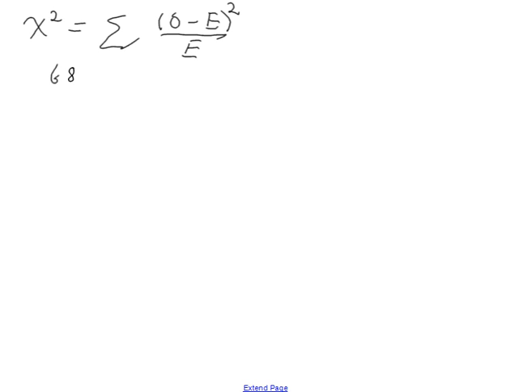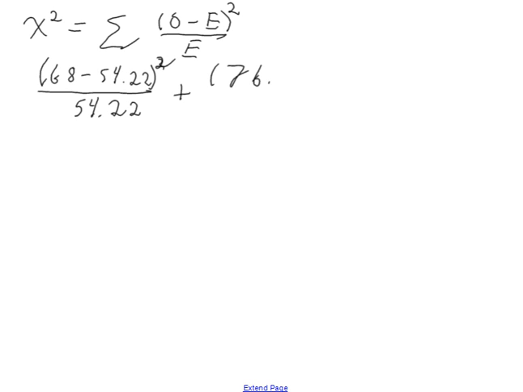68 minus 54.22 over 54.22, plus 76 minus 60.91 squared over 60.91, plus, I'm just going with a dot, dot, dot, and that's fine for you as well.